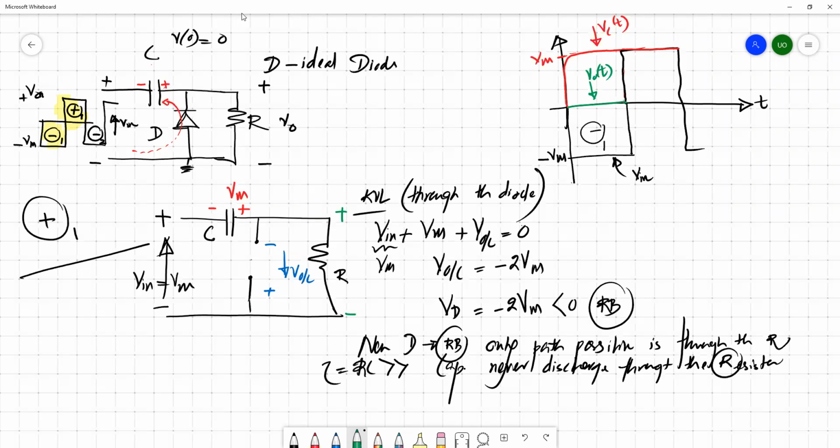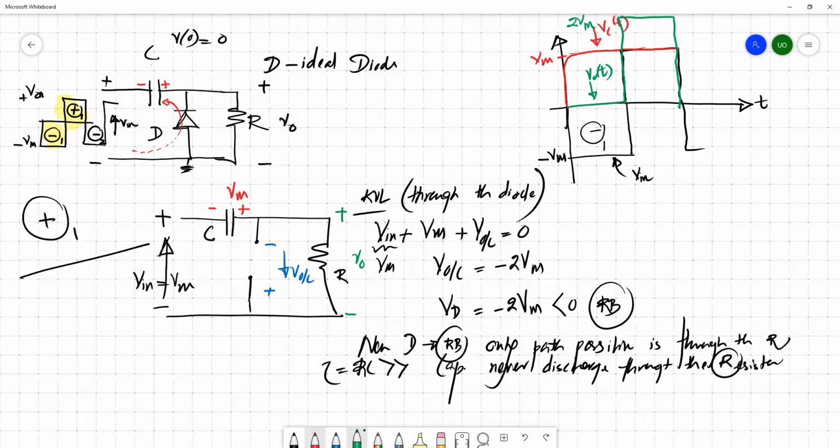This V out is basically the sum of the input plus the voltage across the capacitor, Vm plus Vm, 2 Vm. Now during the second cycle, the output voltage jumps to 2 Vm, because it is the sum of the input plus the voltage across the capacitor.